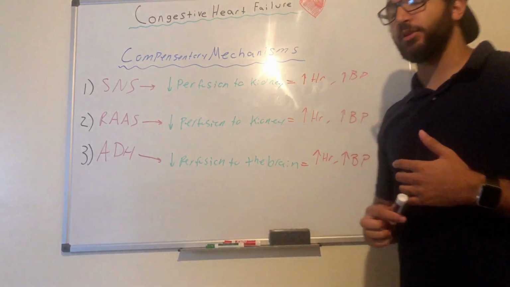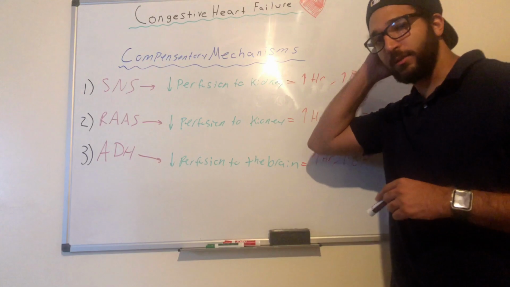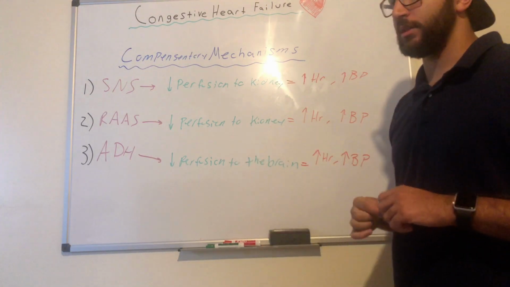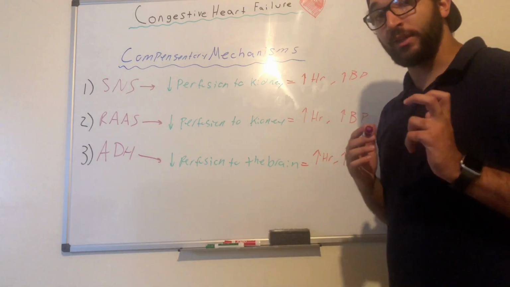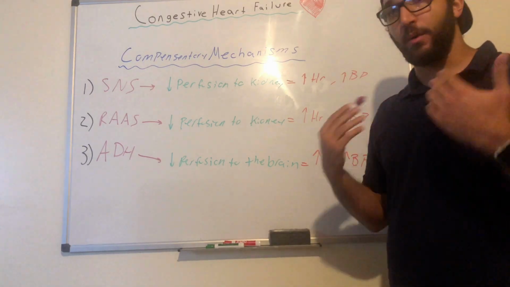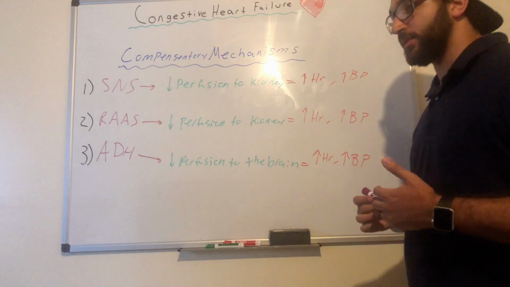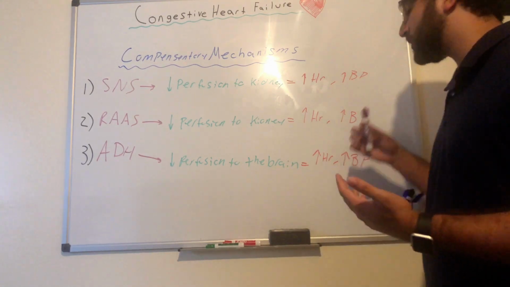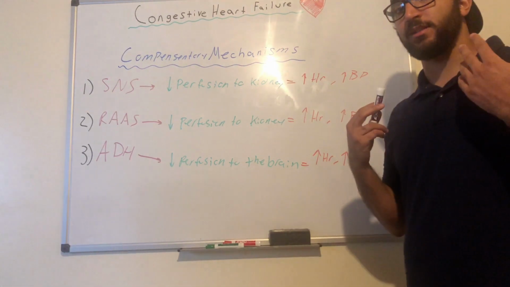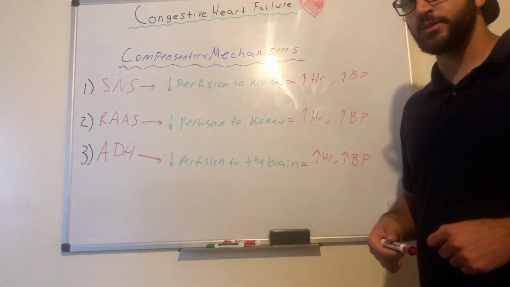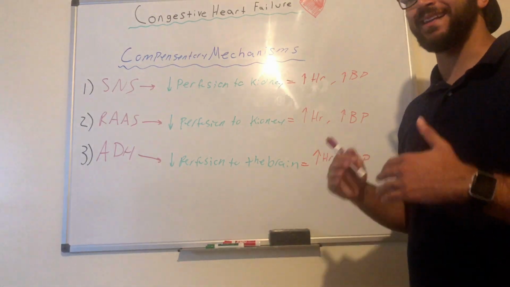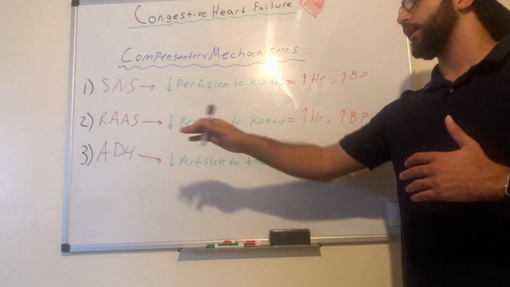The second compensatory mechanism that's going to kick on is RAS. The kidneys are also going to detect this due to low perfusion, since the heart is not pumping out blood properly. So heart rate is going to increase and blood pressure is going to increase from angiotensin II and the use of aldosterone to maintain blood pressure overall.